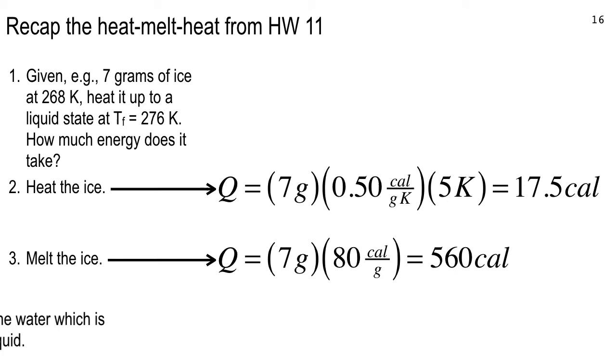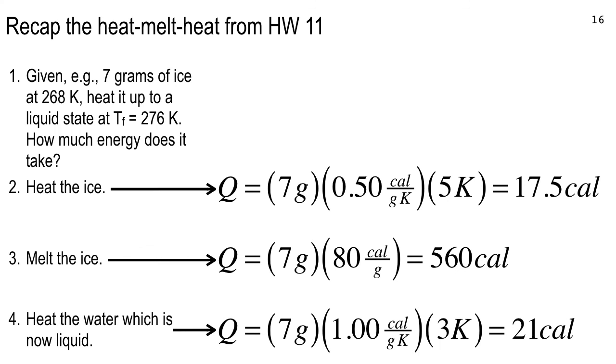And then, all right, now it's all melted. You've got 7 grams, but it's at 273. You want to get to 276. Another 3 Kelvin, Q equals MC delta T. 7 grams for the mass. 1.00. Now you're working with the specific heat of liquid water, 1.00 calories per gram Kelvin.